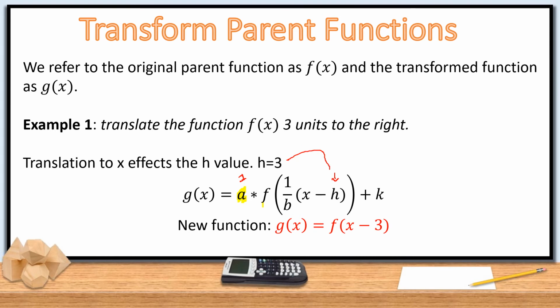So we get x minus 3, and then k is 0, so plus 0 doesn't affect it. So this is our new function, f of x minus 3. That's going to move everything on the original function 3 units to the right. If we wanted to move it 3 units to the left, it would have been x minus negative 3, which would have been x plus 3.